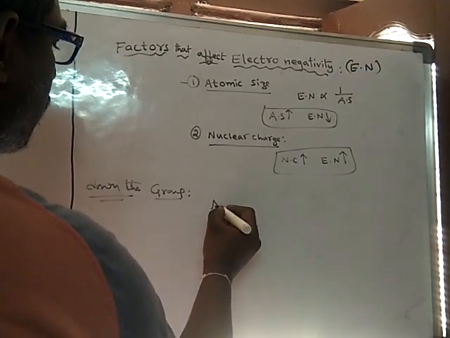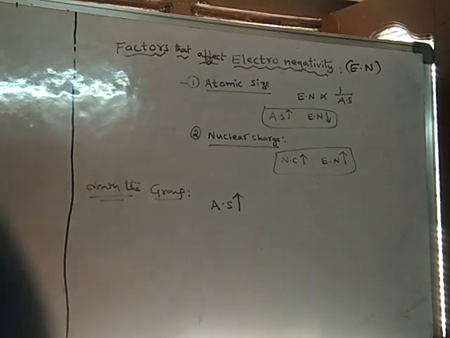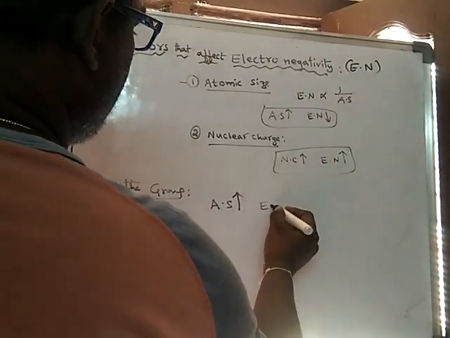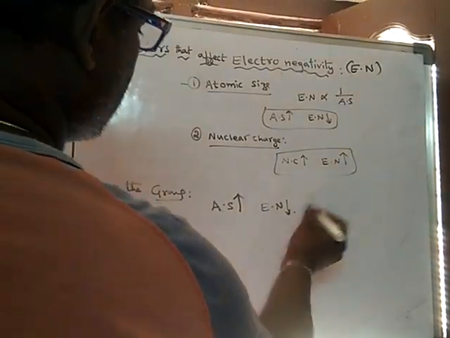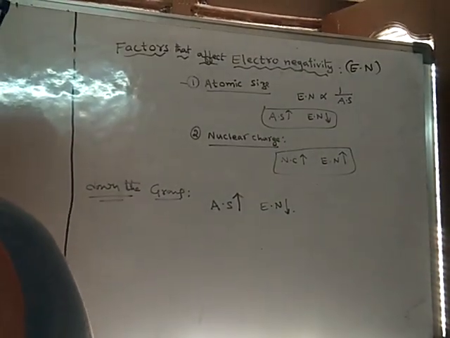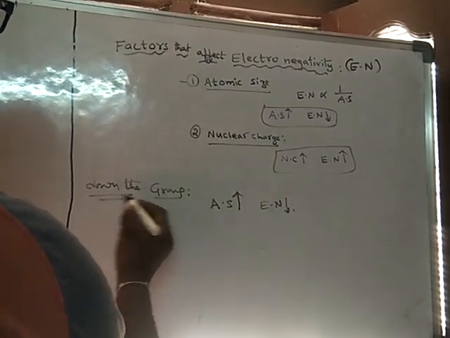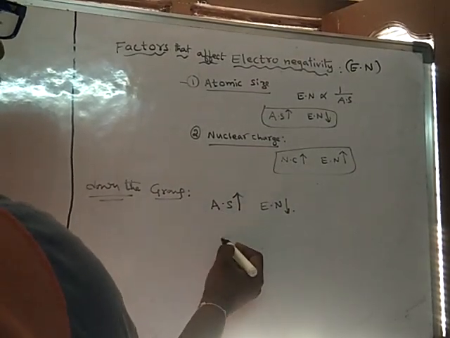Down the group, there is an overall increase in atomic size. Therefore, what happens? Electronegativity decreases.